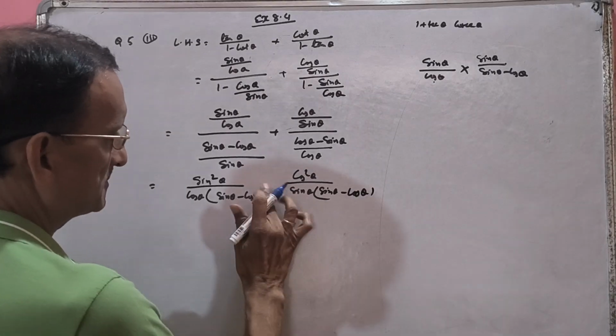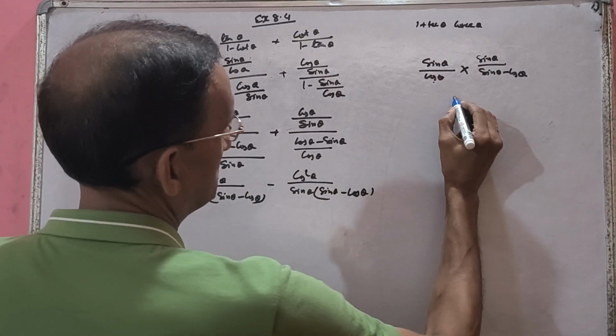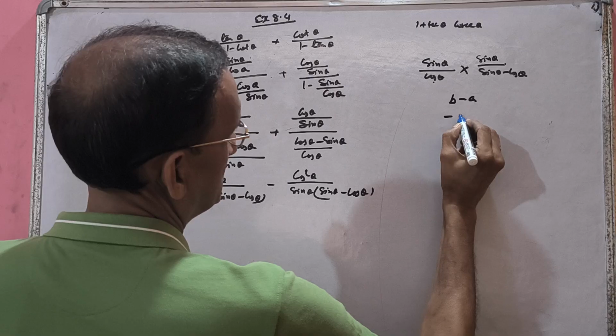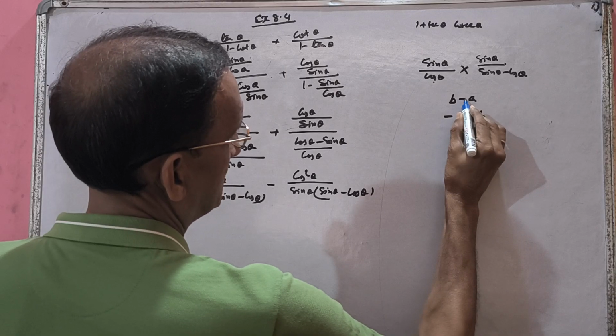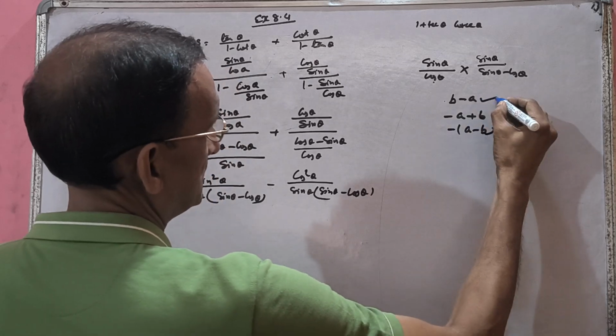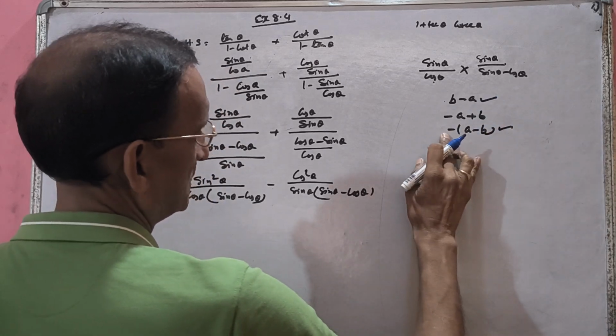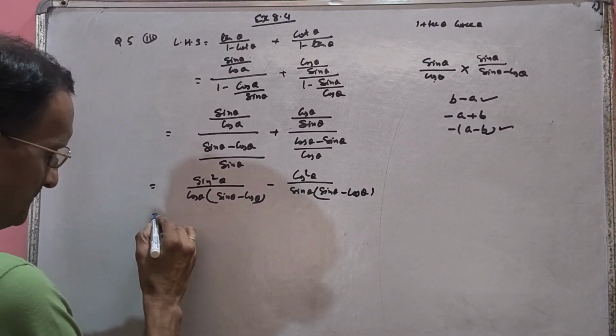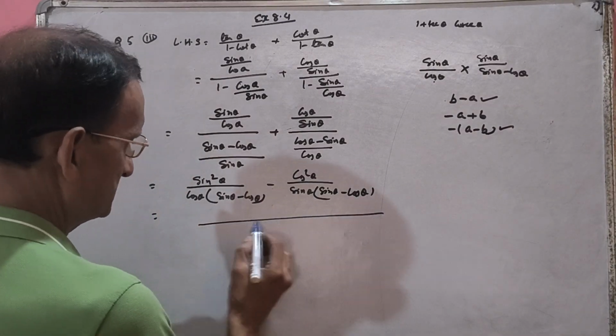So this sign will become minus. Understood? If you write b minus a, it can be minus a plus b, then minus common.